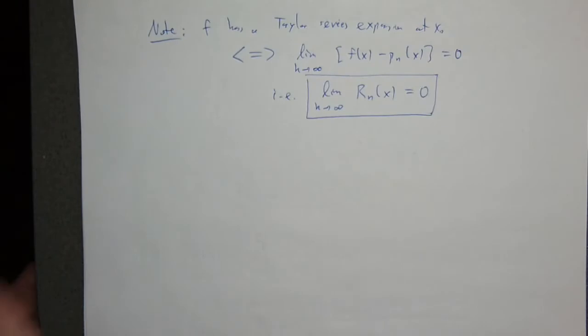So it's exactly when that remainder term goes to 0. So that's what we have. Now, there's a theorem that gives a decent criterion for this happening.